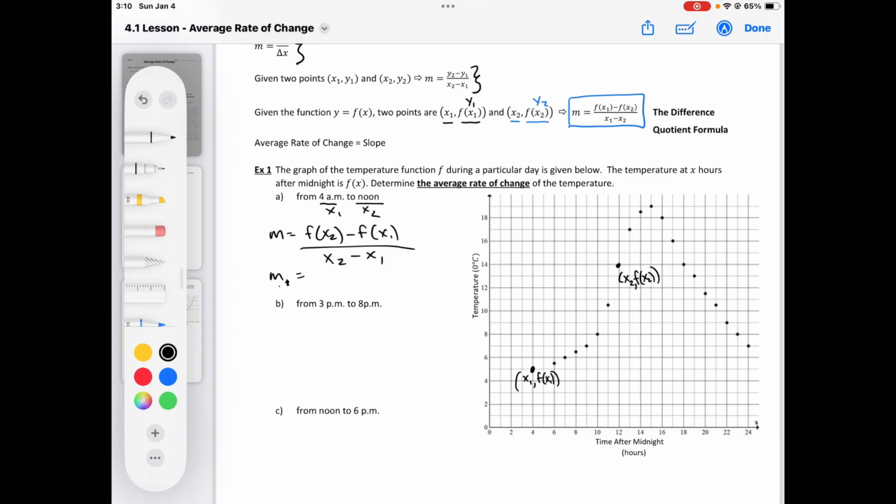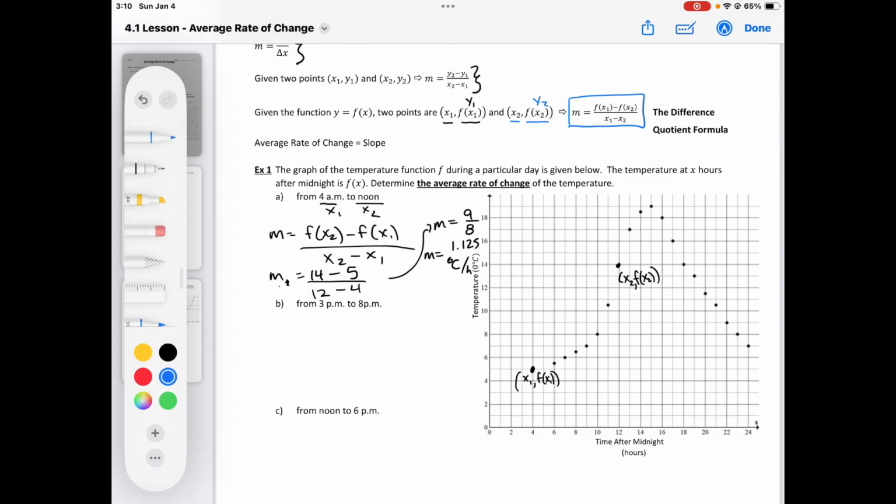Our f at x2 value is 14, just from the graph. 14 take away 5 over 12 minus 4, which simplifies to 9 over 8. We can continue on to a decimal value, 1.125 degrees Celsius per hour. A rate of change always has units if it's referring to a real life thing.